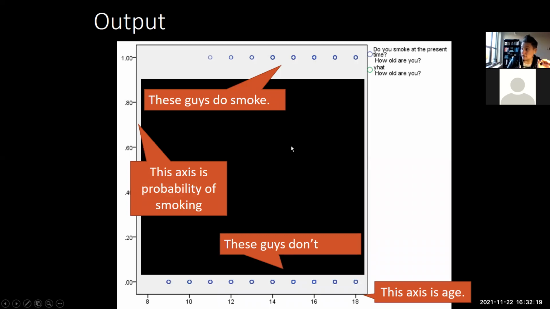So what I have here is age on this axis. Age 8. Oh, I thought it started at 10. I was wrong. It starts at 8. Age 8 all the way up to, looks like maybe 19 or so. And up here, these are the smokers. These are my non-smokers. And this axis is the probability of smoking.